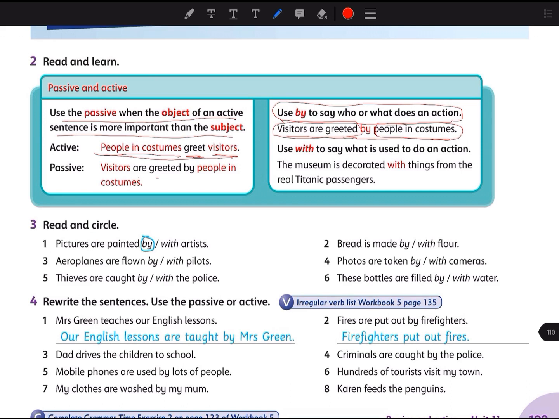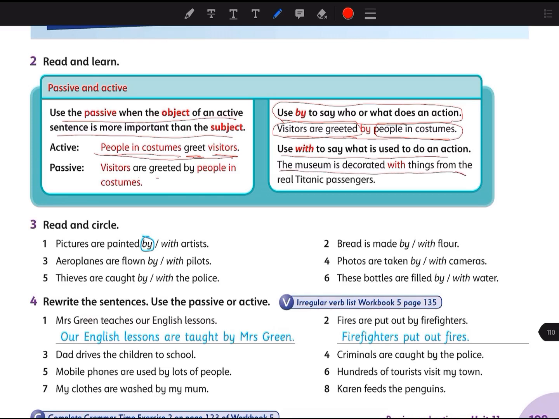Use with to say what is used to do an action. Here, if we have an action, we use with to explain what is used to do the action. The museum is decorated with things from the Royal Titanic passengers. It's like that.